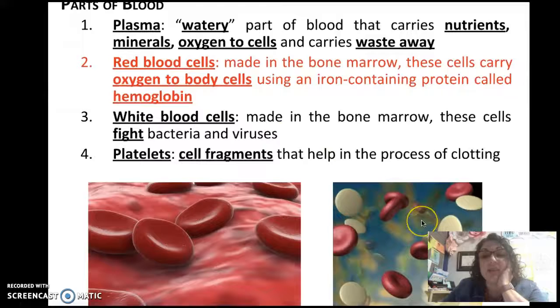White blood cells are made in the bone marrow, and these cells fight bacteria and viruses. And then platelets are the cell fragments that help in the process of clotting. So if you cut yourself and you start to get that scab, that's because a bunch of platelets are stacking up there. So that's what you need to know about the circulatory system.